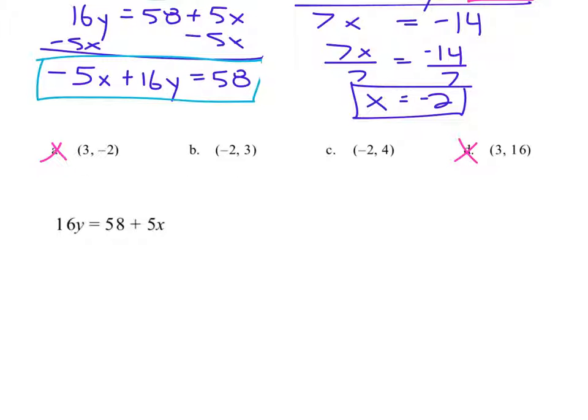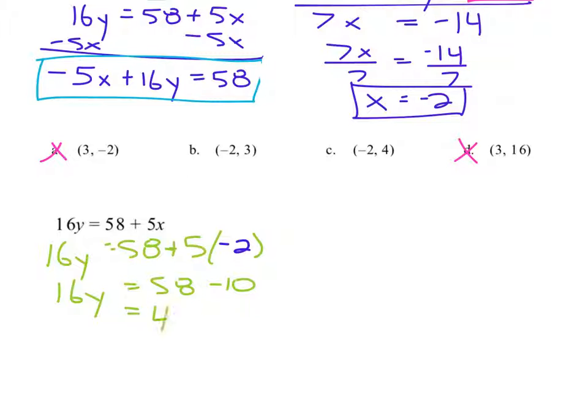Okay, plugging in negative 2 for x. So let's do it. 16y equals 58 plus 5 parentheses negative 2, or 16y equals 58 minus 10, or 48. 16y equals 48.